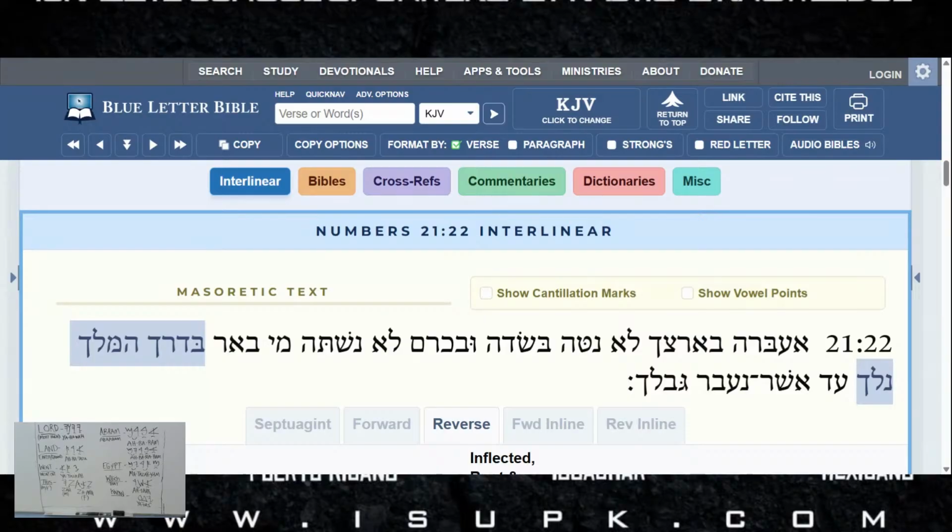In, at, on, by, and with. Okay. So this could be in the way. Let me give you the word. So that's in. The rock is the word way that we went over before. Way, road, or path. So it could be in the way, on the way, by the way.